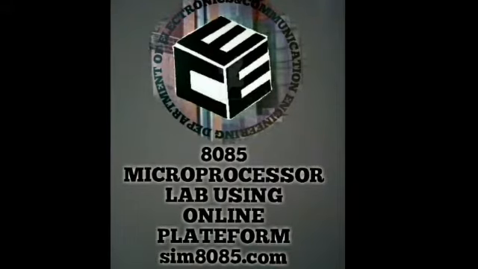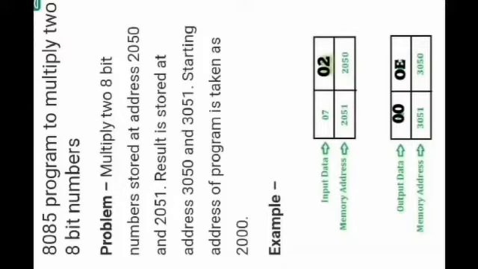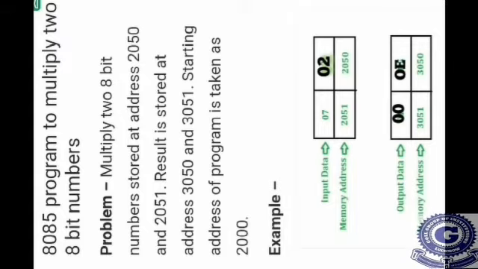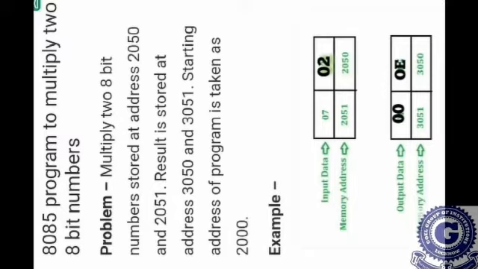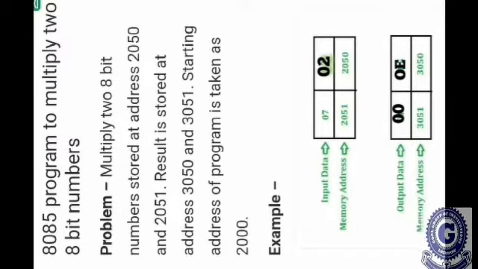Students, now we will see how to execute a program of the 8085 microprocessor through the 8085 platform. We will see the result by multiplying two 8-bit numbers. So the objective of your experiment is to write an assembly language program to multiply two 8-bit numbers in the 8085 microprocessor. As we all know, there is no instruction for multiplication in 8085, so we will do this program through successive addition.